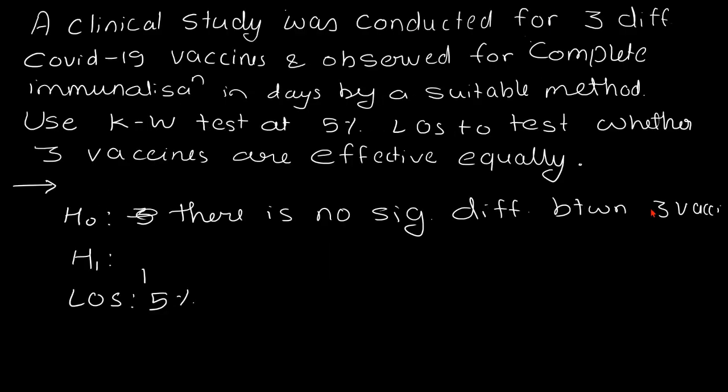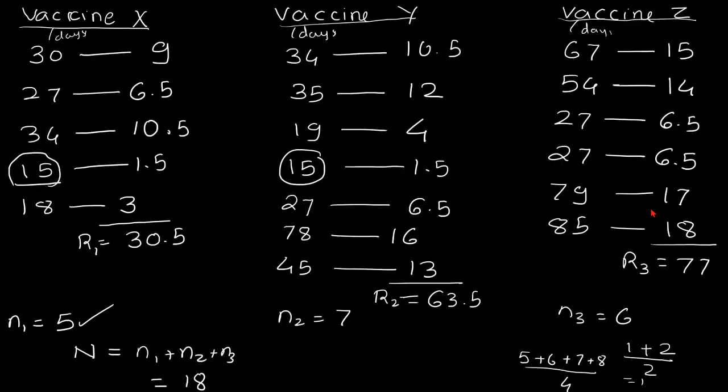Okay, so in this case the H naught has been set up first, that is, there is no significant difference between the given samples. The alternate hypothesis has been set, then level of significance is set, and then the ranks have been allotted to all the samples which are given.